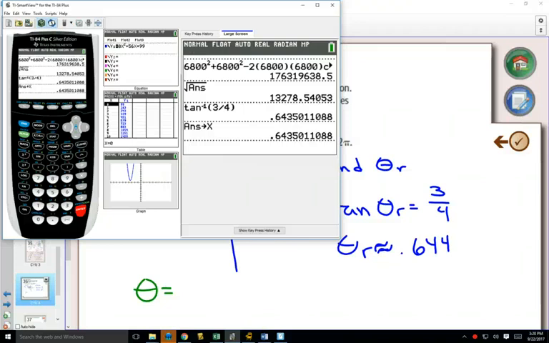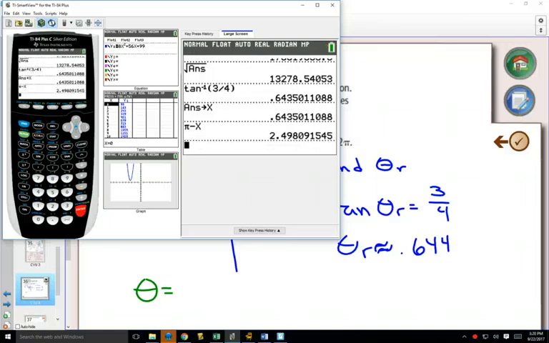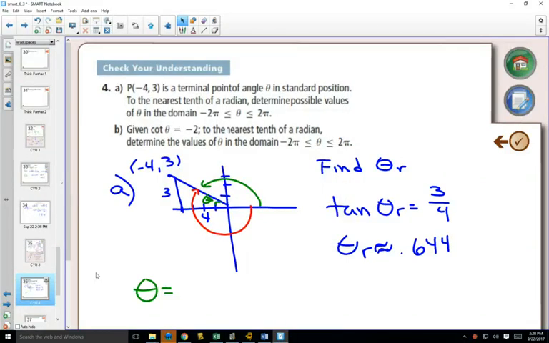If I want to do pi minus my reference angle, now that it's stored, I could just go pi minus x. And that green angle is 2.498. To the nearest tenth would be approximately 2.5.